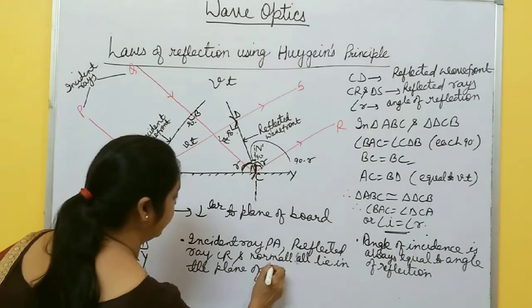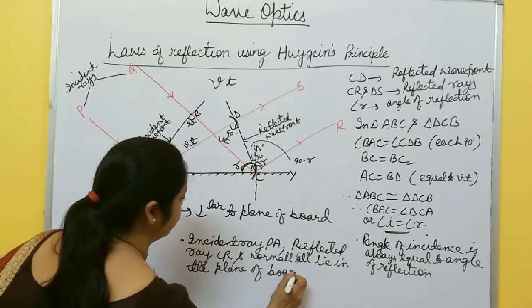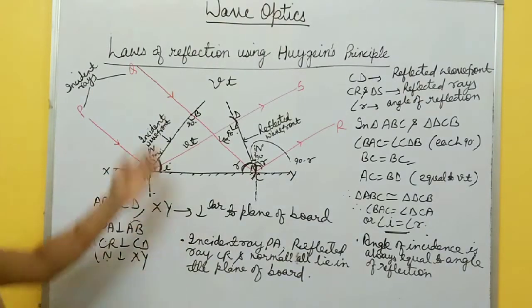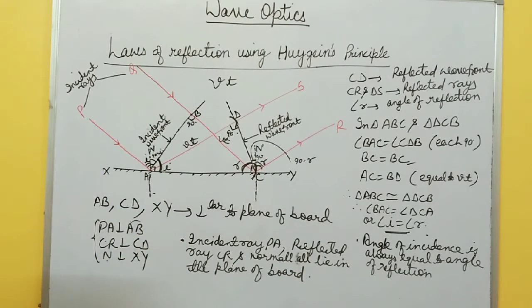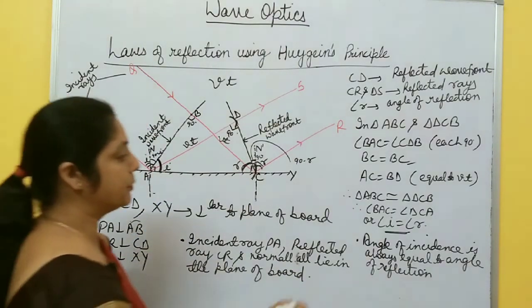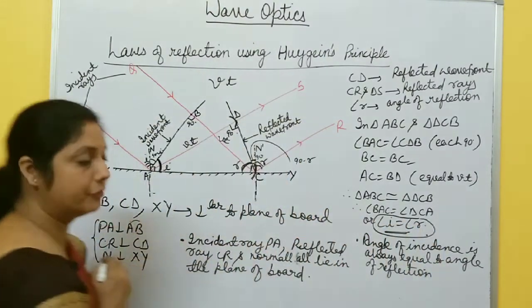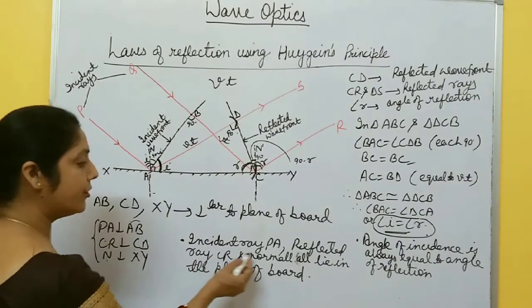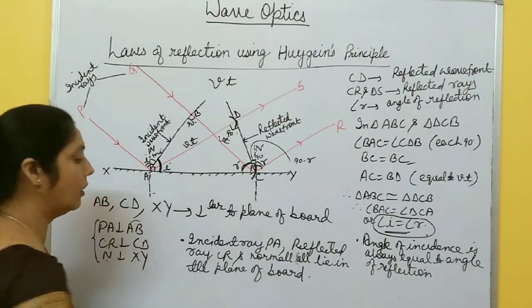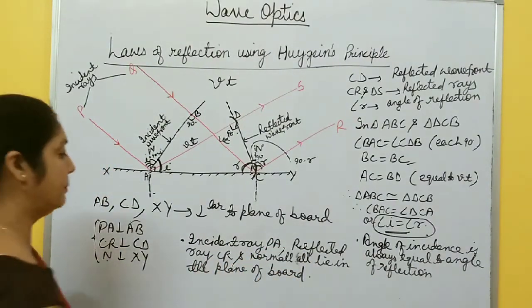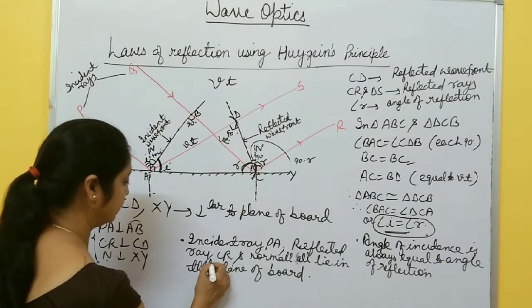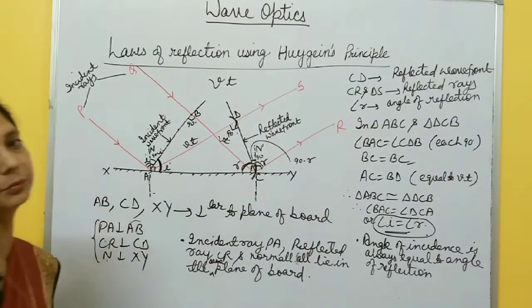You write paper, I am writing in the plane of board. So just theoretically you prove second law also. In this way, first you prove first law of reflection, angle of incidence equal to angle of reflection, and then incident ray, reflected ray and normal all lie in the same plane of paper, same plane of board.